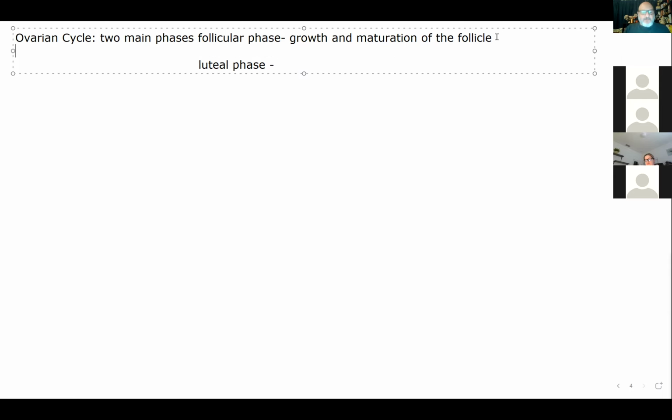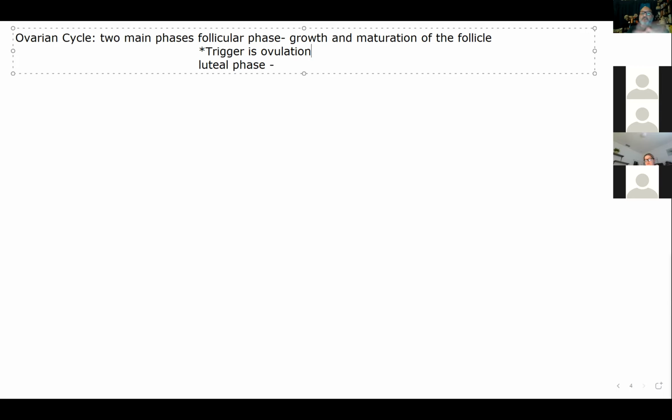We need something that is going to trigger the change between the follicular phase and the luteal phase. And that trigger is ovulation. However, remember, our goal in the ovarian cycle isn't so much to talk about what's going on in the egg, but more to talk about what's going on in the ovaries.